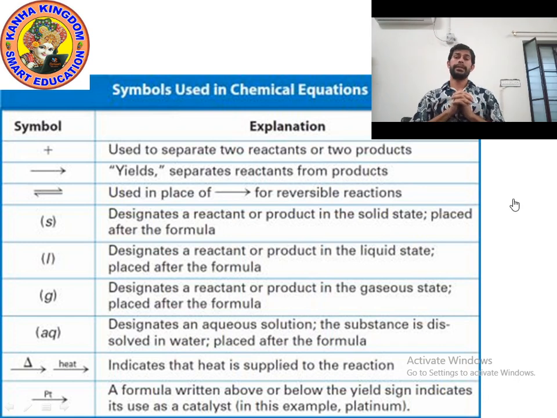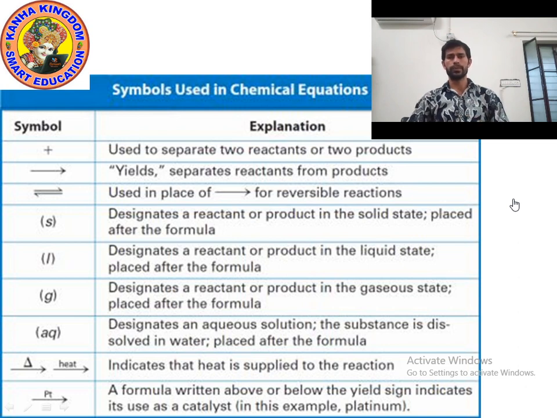As I said, what is a chemical equation? Such an equation which represents reactants and products using symbols. So we use different kinds of symbols. I have shown the list of symbols. The first symbol is plus. The plus symbol is used to separate two or more reactants and products.